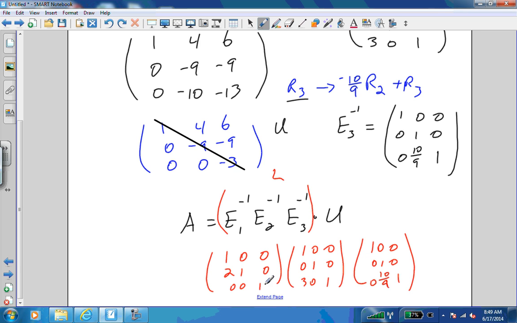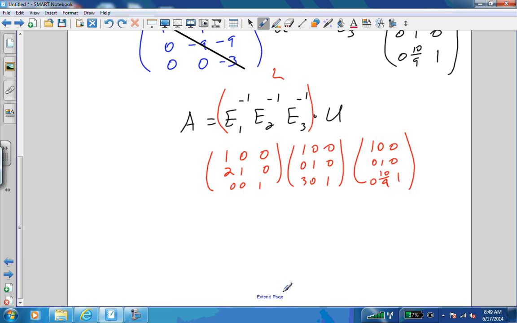Sometimes I have to say it out loud so I can remember it. So if we multiply these together, this should give us our lower. So let's just multiply the first two together. This row times this column, we get a 1, 0, and 0. This row times the second column, we get a 0, and a 0. This times the third column, we get a 0.